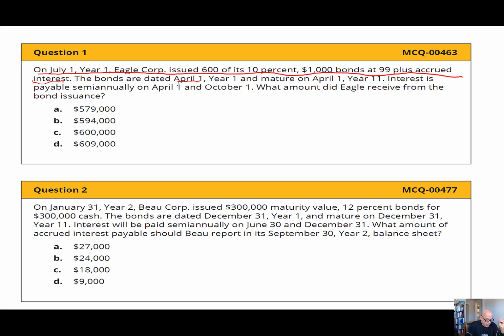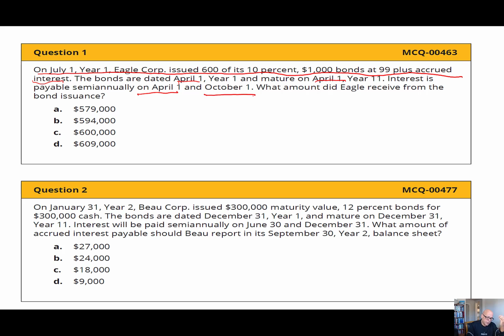If these bonds are dated April 1st, we have not issued them on the date they're dated, and that can happen, right? The bond's dated January, you don't issue it till April, whatever. In this case, they mature in April, and interest is payable April 1st and October 1st.